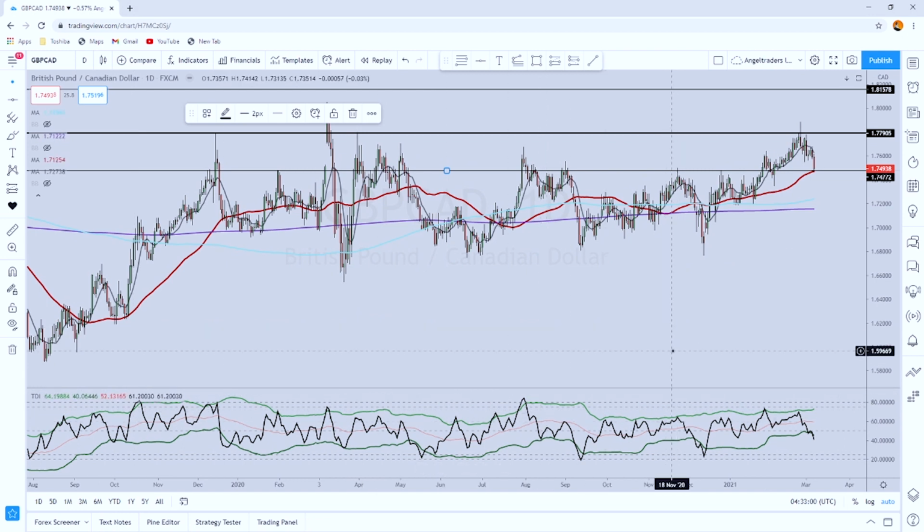As you can see here, the market rejected this level on the daily time frame 1, 2, 3, 4, 5, 6, 7 times. So let's say we have a specific pattern that I will teach you later on in this course. Right now, we have the 50 moving average. You're going to learn about this later.